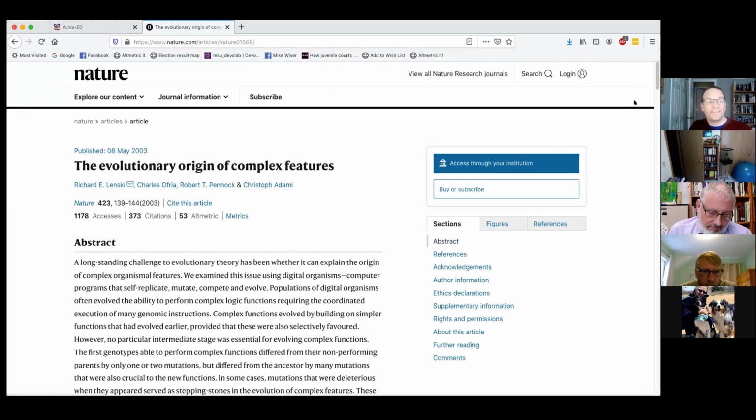It turns out that if you reward the simpler tasks, under the length of time they gave, under the mutation rate they had, under the particular random numbers they used, it happened pretty commonly if they gave them long enough. But if they didn't reward any of those simpler tasks, basically never. These organisms get to these complicated tasks because the simpler steps along the way are being rewarded. And so there's a selective pressure for those intermediate forms.